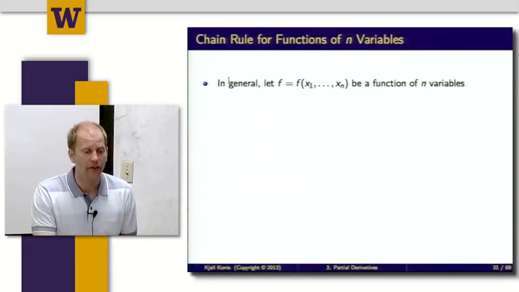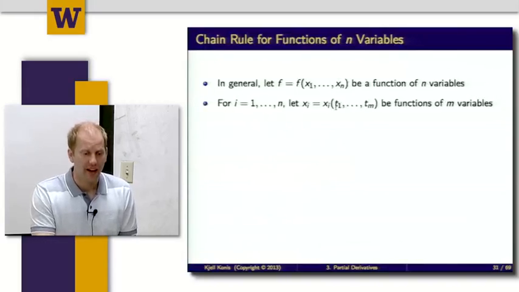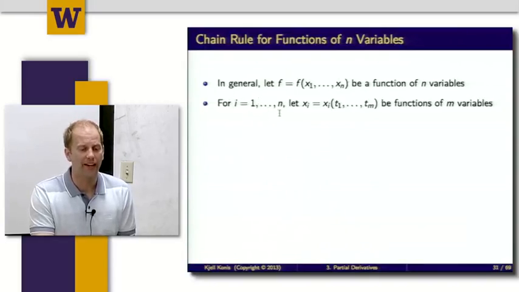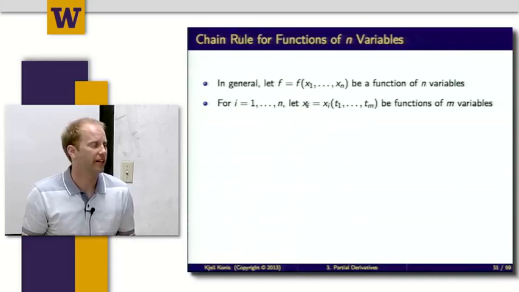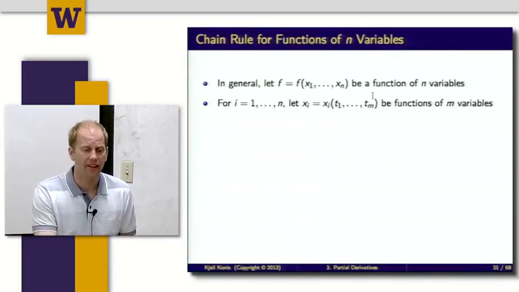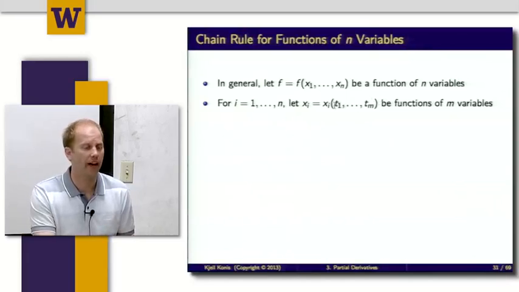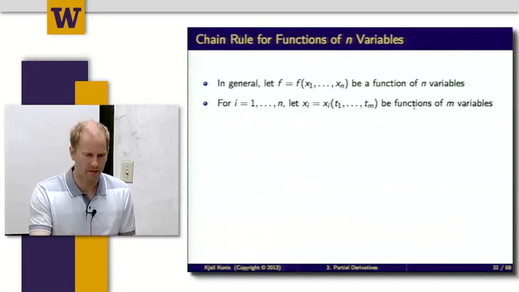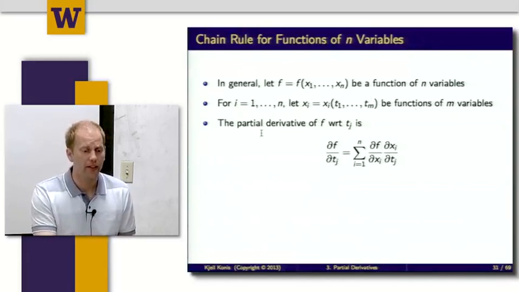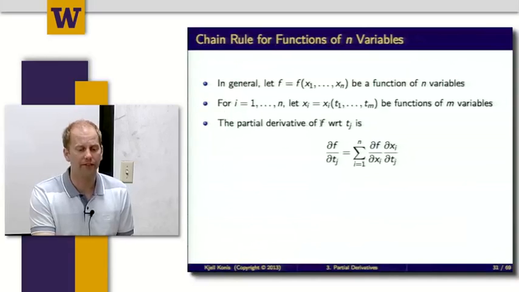And so in general, if f is a function of n variables, and for each i from 1 to n, x sub i, all I'm saying here is each one of those variables is in turn a function of m other variables, then the partial derivative of f with respect to t sub j, where t is one of my second level variables, is given by this formula.